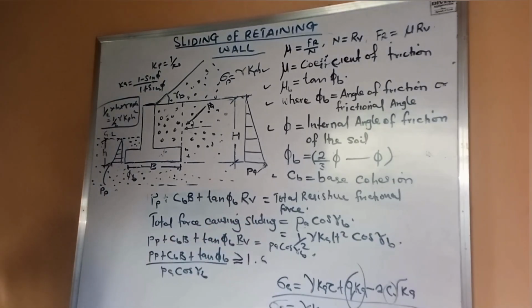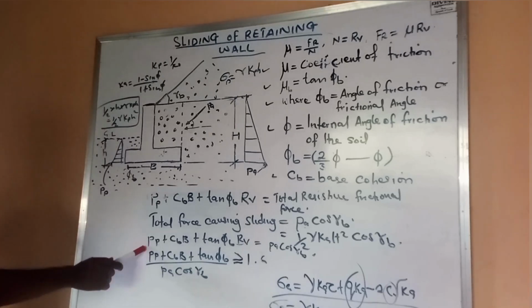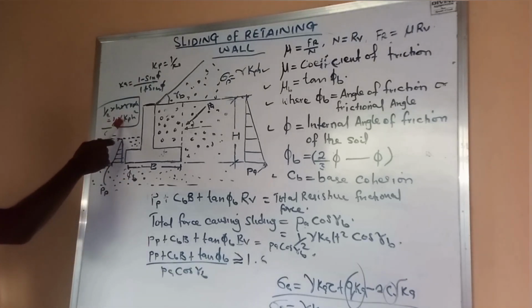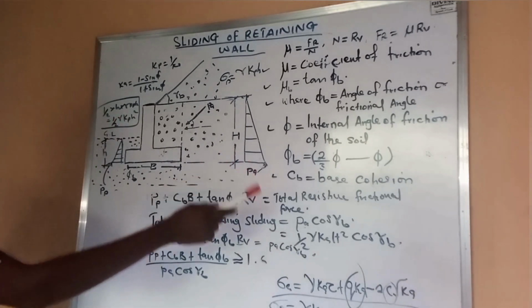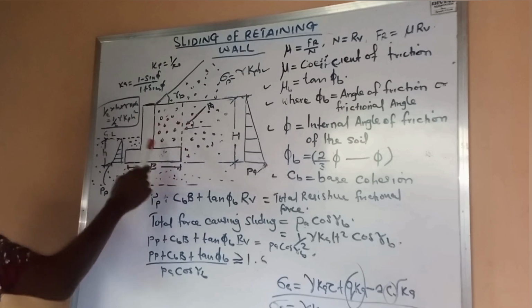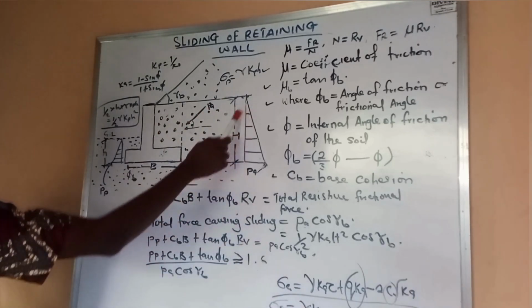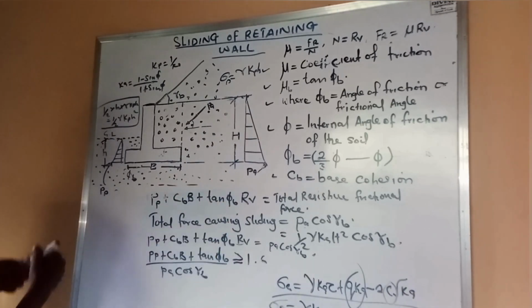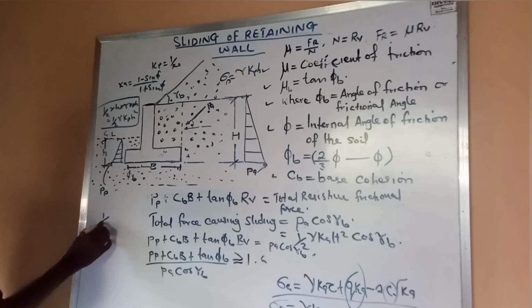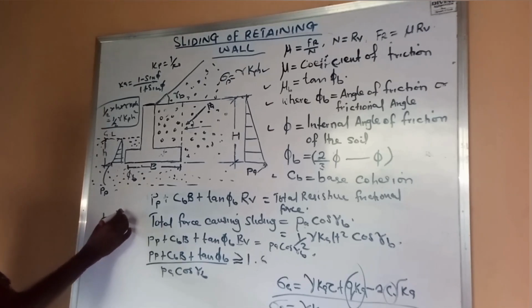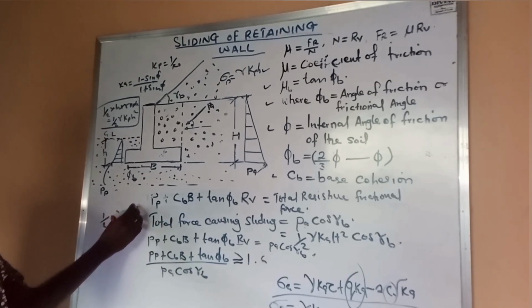All right. Now, also take note that our PP, which is a force, we've converted it to force. Our active pressure here also, which is this, if we multiply the area of this shape, it becomes 1 over 2 times gamma KAH squared.